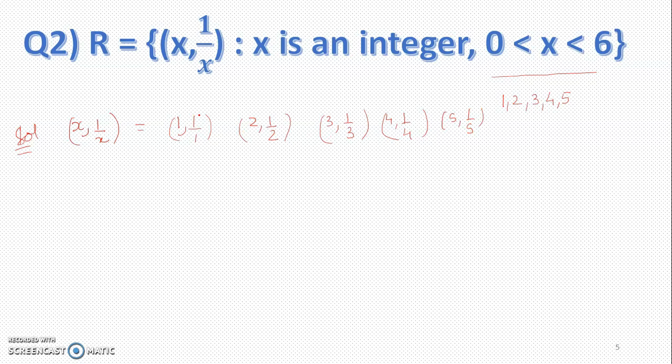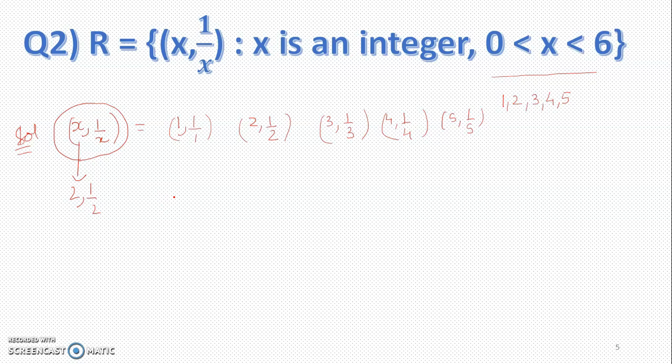Are you following, students? Why am I writing 1 by 2? This relation is defined to us in this manner, x comma 1 by x. If I take 2 here, the y coordinate has to be 1 by 2. You don't have to learn this, you have to understand this concept, because it is given in this relation, x comma 1 by x such that x is an integer. So we are getting this relation from here.